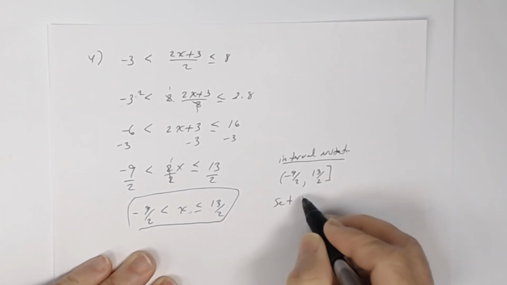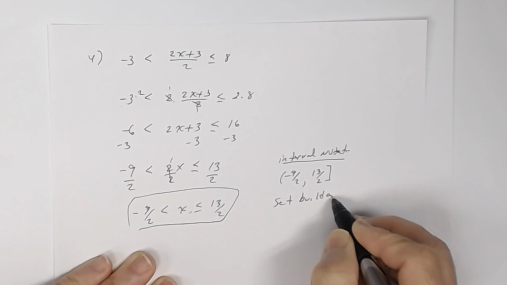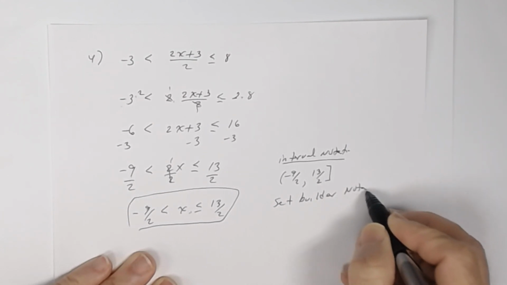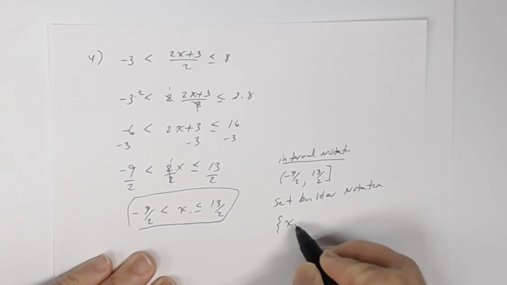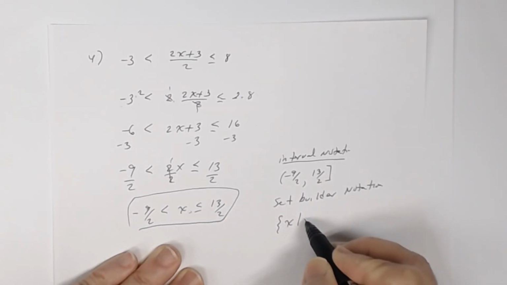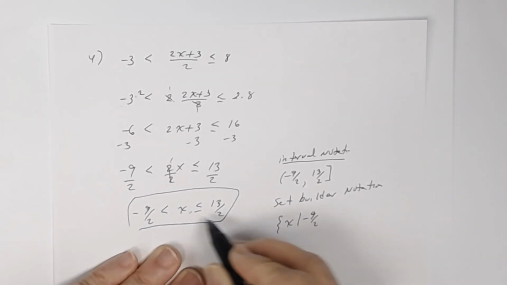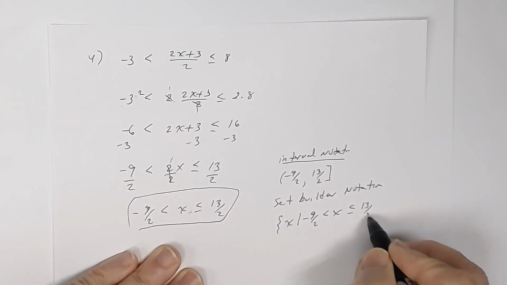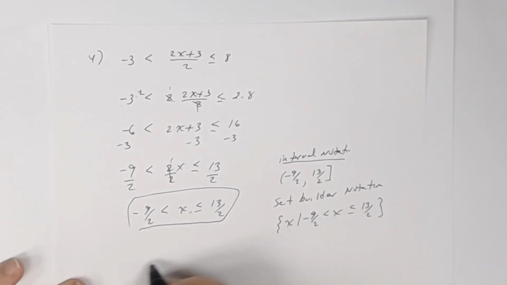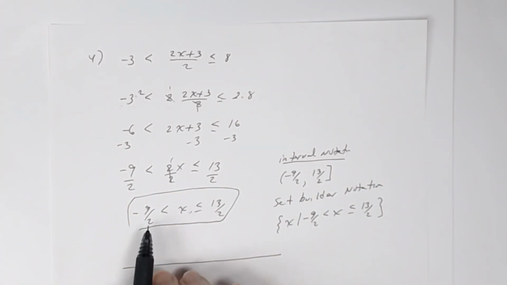Set builder notation. So if you look at set builder notation, we have the set of x's such that, and then you just rewrite this over right here. And then you're done with set builder notation. Now the graph, so remember the graph, you always go from smallest to largest. So the smallest is -9/2.